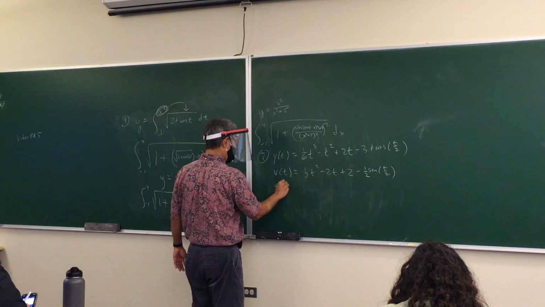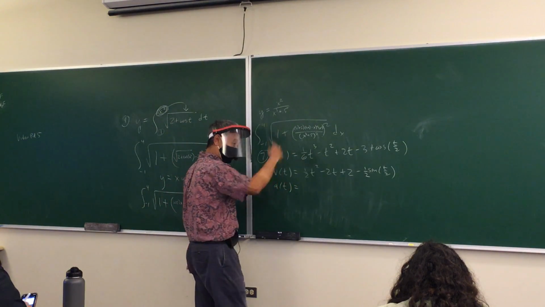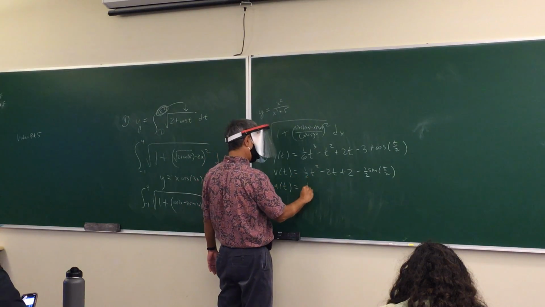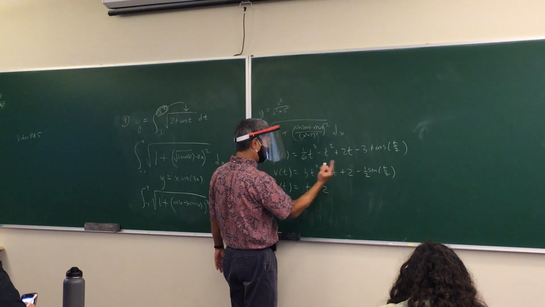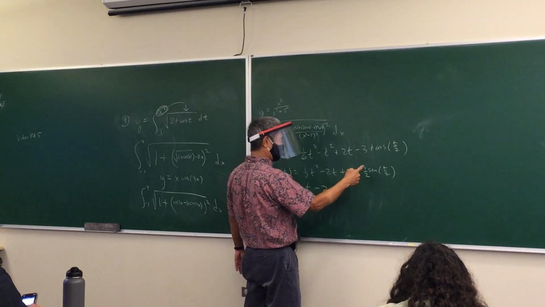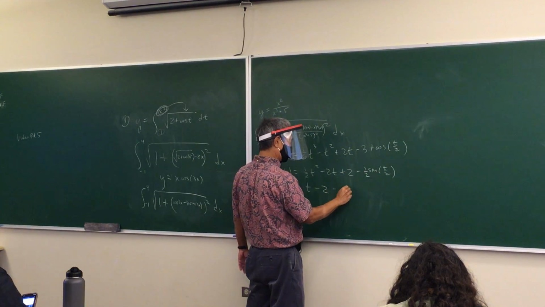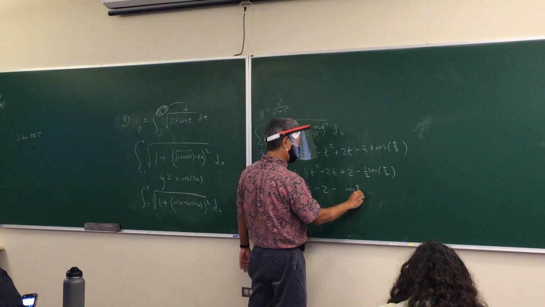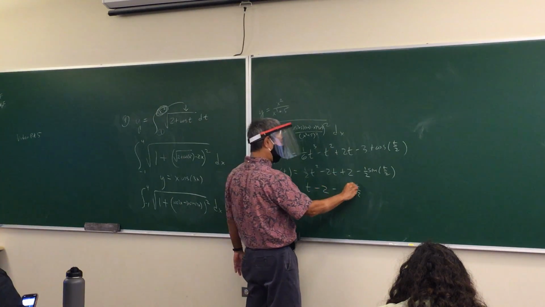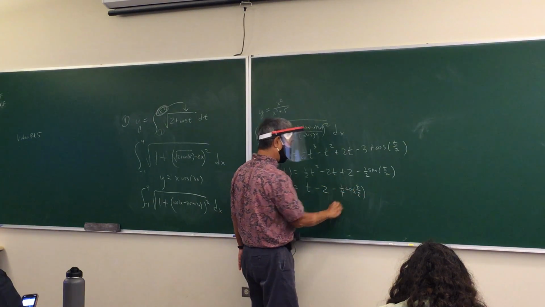Then the acceleration is another derivative: put the 2 in the front, t minus 2, the derivative of 2 is 0, and the derivative of sine box is cosine box times the derivative of box, which is 1/2, so that makes a 1/4.